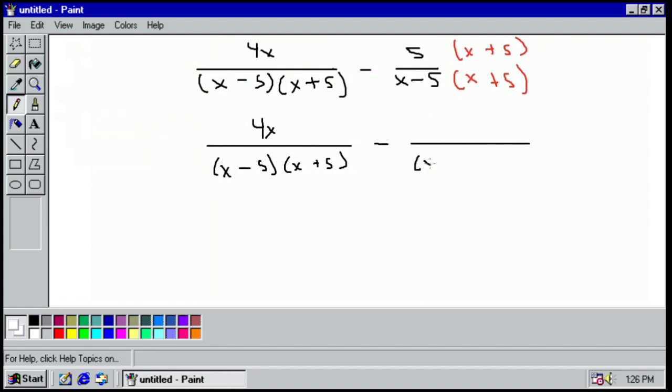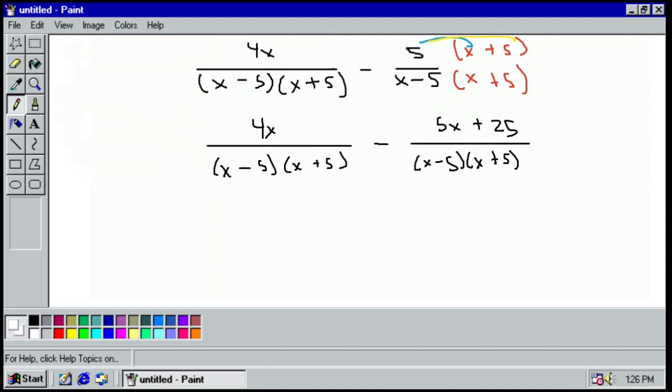And this part will have x minus 5, x plus 5. Now we can use the distributive property. So 5 times x is 5x, and 5 times 5 is positive 25, right?